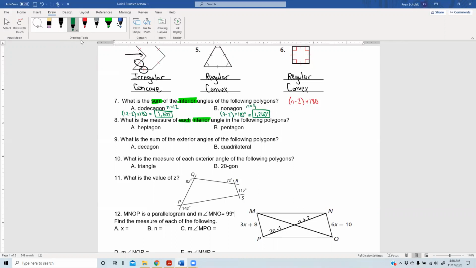So for instance, a heptagon has 7 sides. So I need to do 7 minus 2 times 180, which will get me 900. But then I have to divide 900 by 7, which when rounded gets me 129.